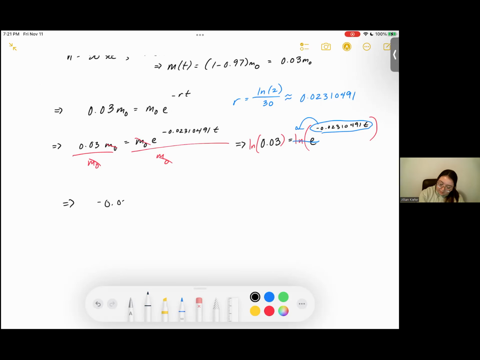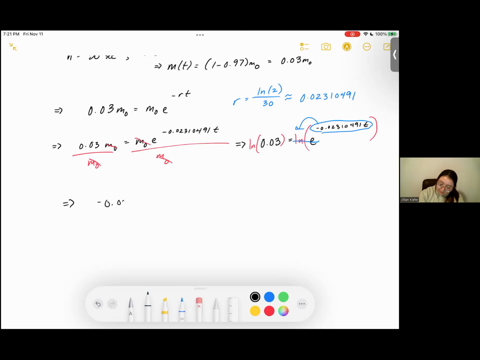Then we want to solve for t, so we're going to get rid of that big giant ugly decimal, 0.02310491, and we'll divide that on each side here. It cancels on the right-hand side. Finally, we get t is equal to the natural log of 0.03 divided by negative 0.02310491.